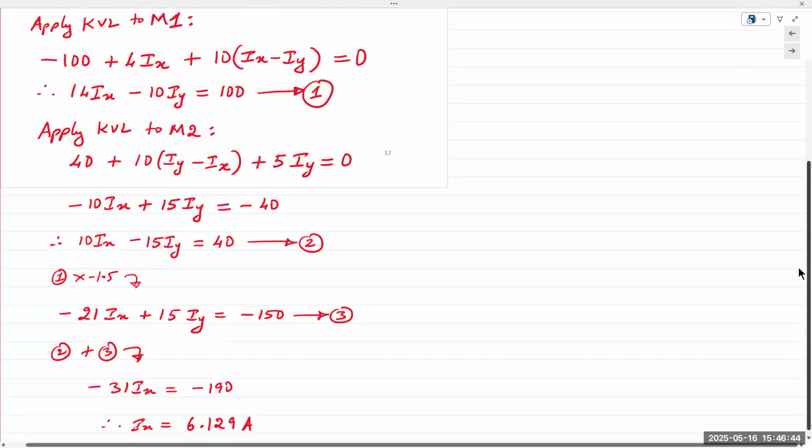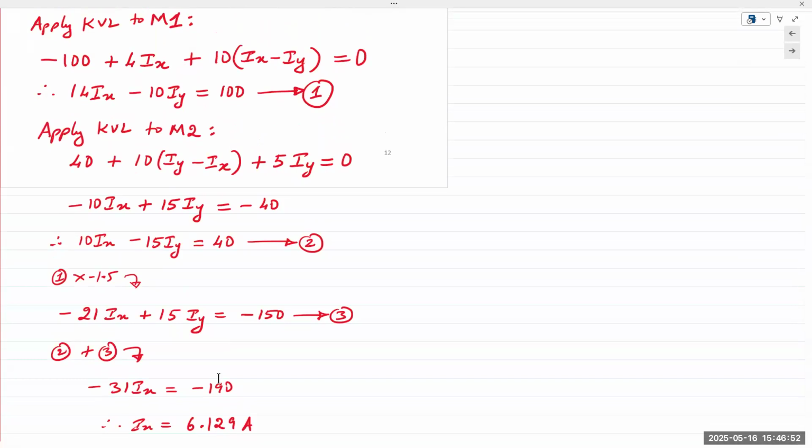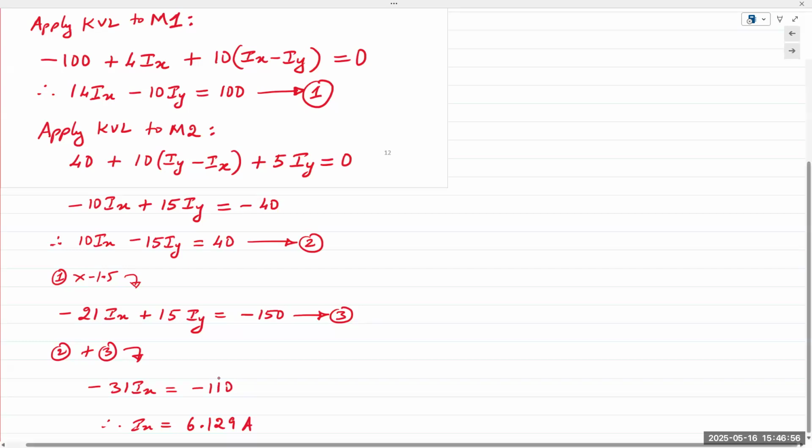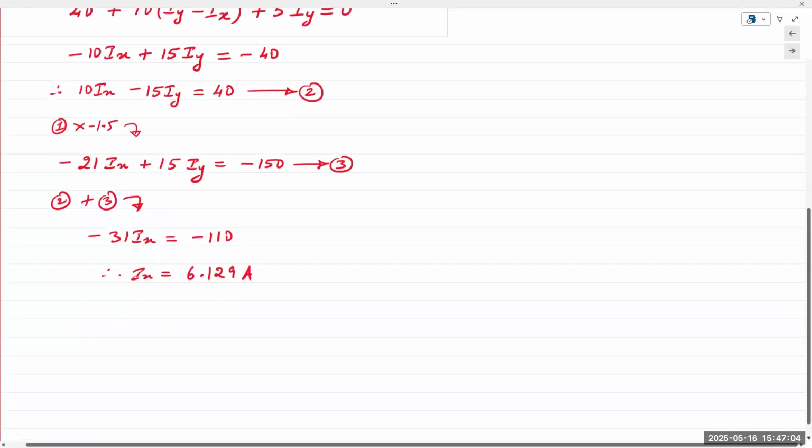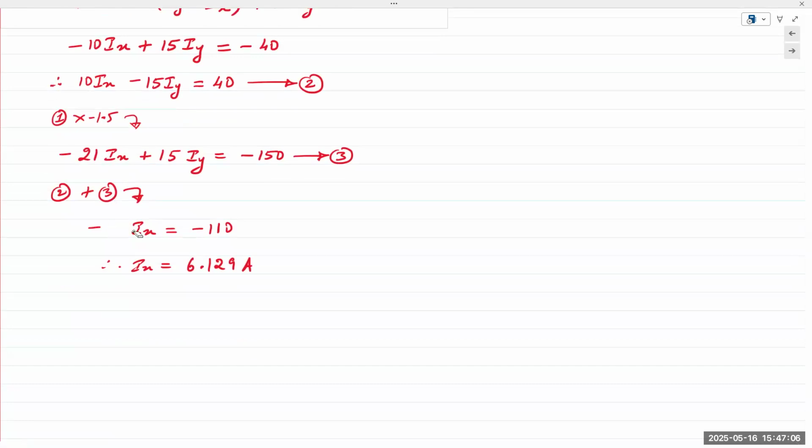Oh, I added the wrong equation. No, wait. 10x, 10 and 21. 31, 15. Oh, 40 and 150. There's where I went wrong. This is minus 110. That still doesn't give me the right answer. All right. I'll figure it out later.